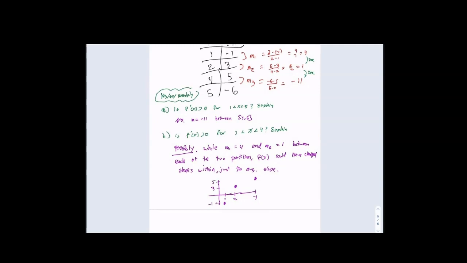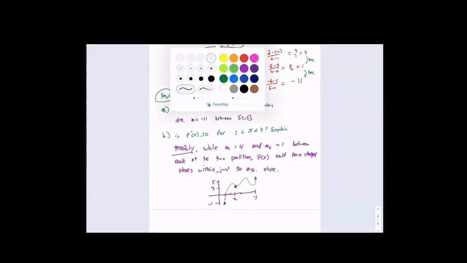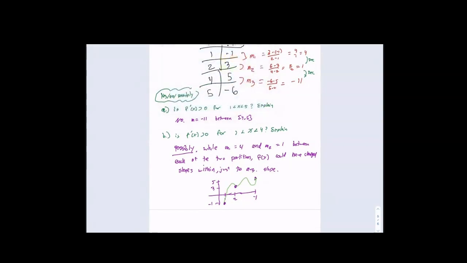It looks like it's increasing, but we don't know what happens in between. This function could be going up and then down, up, then down, then up. This is the premise of MVT technically, because all we know is that the function will end up going from here to here, and then from here to here.